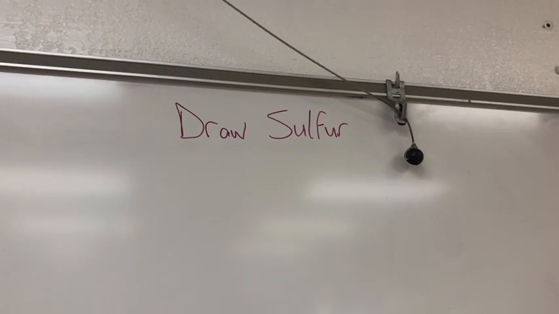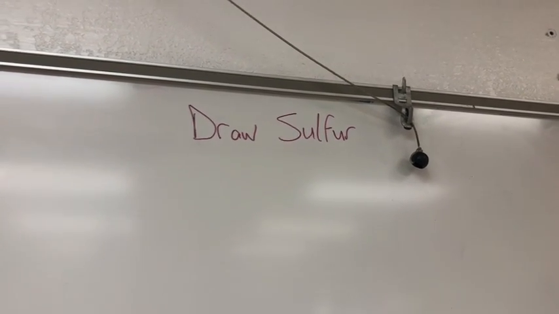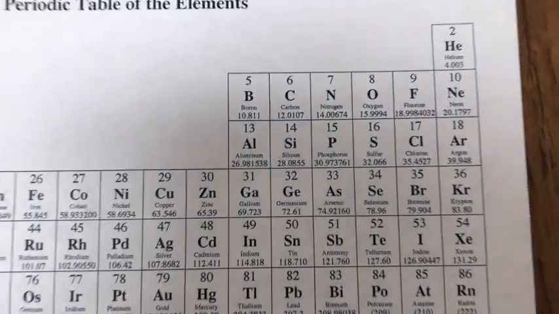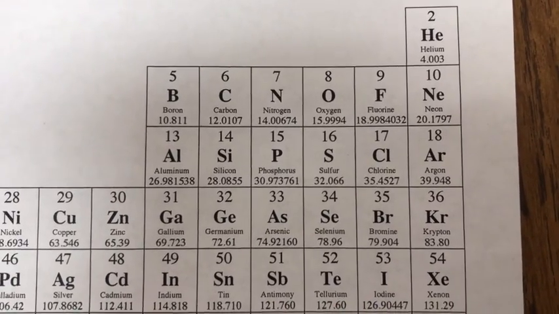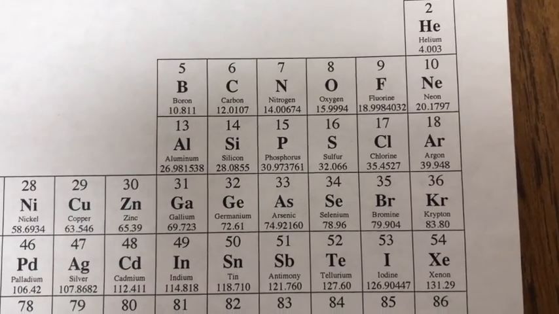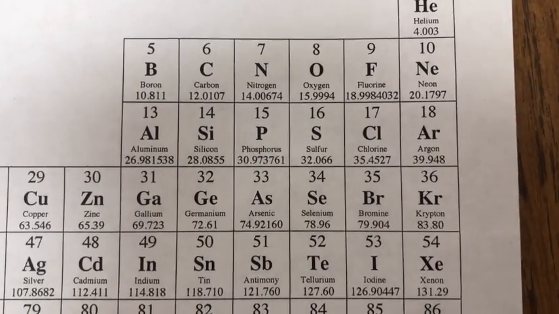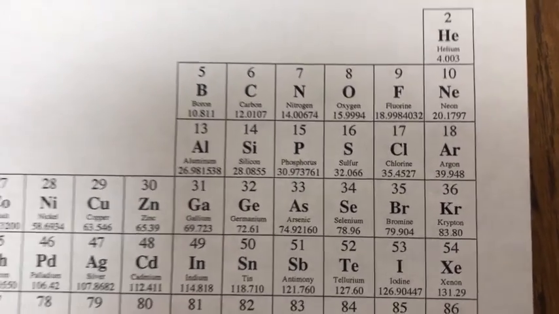Okay, the last example that I'm going to give is how to draw sulfur. Sulfur is number 16 on the table of elements. That means it's got 16 protons and 16 electrons, and it weighs 32.0, which would just be 32. We'll start by drawing the nucleus under draw sulfur, and it has 16 protons.